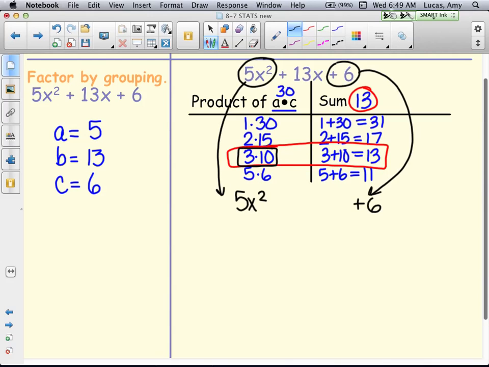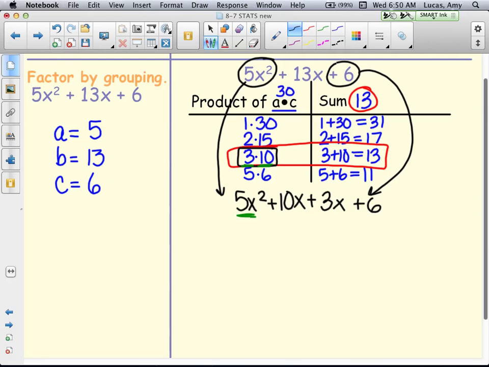Now, I could put them in either order. I could put 3x plus 10x or 10x plus 3x. Now, looking at my first term 5x squared, it would not have any common factors with 3x. So I am going to take the 10x and write that first, then the 3x.